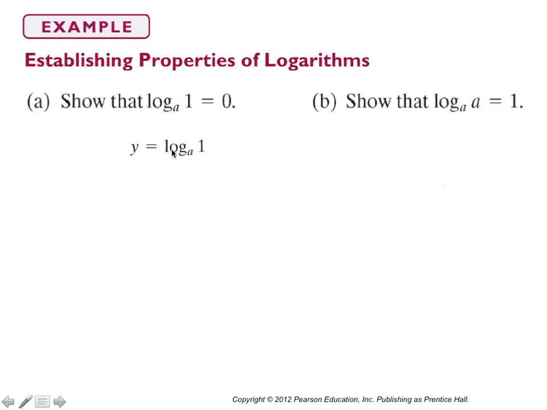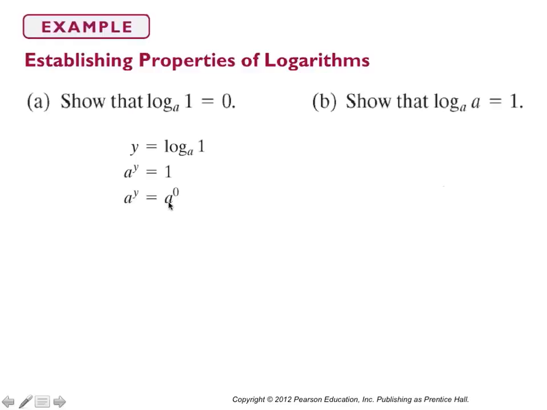So if we say that y equals log base a of 1, we can change this to exponential by saying that a to the y power equals 1. If we rewrite this, we know that we can rewrite 1 as a to the 0 power. So we have a to the y power equals a to the 0 power.